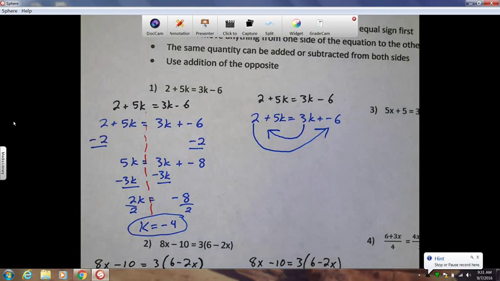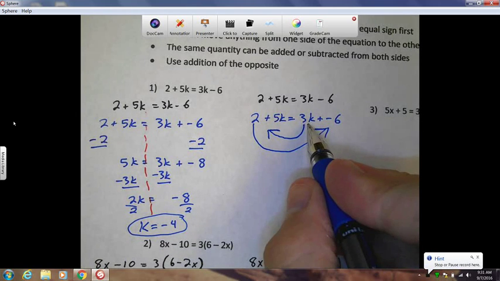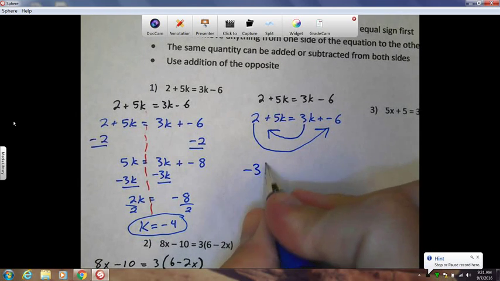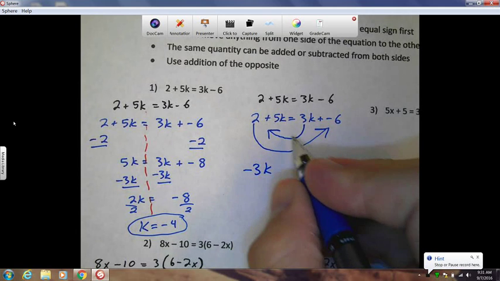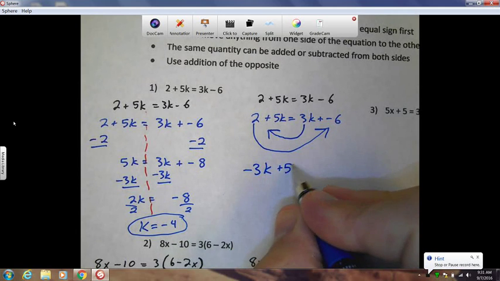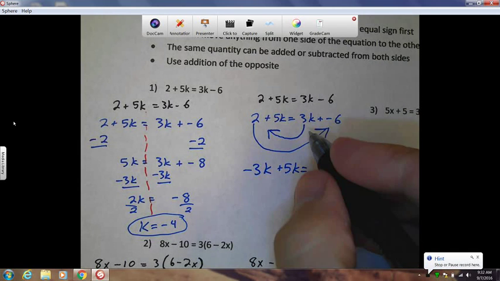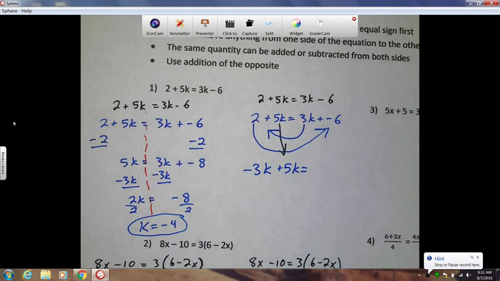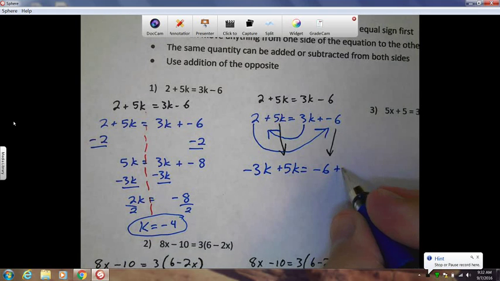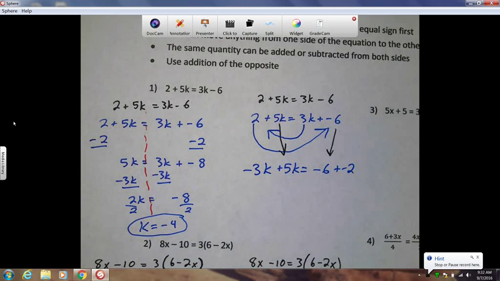Since it was a positive, when I move it over here, it's a -3k. 5k stays the same, so I didn't change the sign. -6 stays the same, but I get -2. So I switch those 2 things, so I change the sign of them.